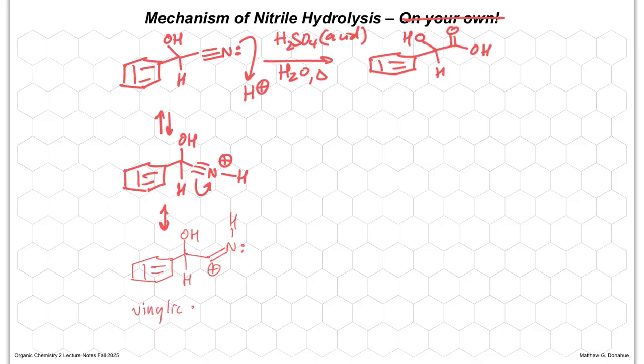This is a vinylic carbocation. Meaning that the positive charge resides in an sp2 hybrid orbital. We're normally used to seeing the plus charge reside in a p orbital. But regardless, that now is electrophilic.